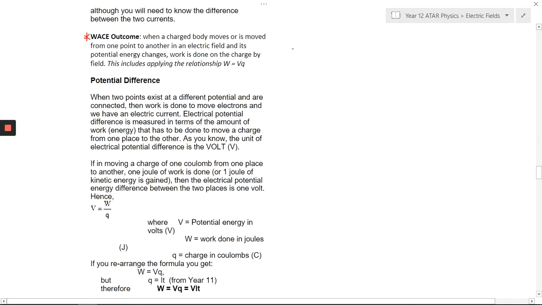So this outcome is that the voltage can be thought of as the work done per unit charge. If you remember from last year, we talked about a difference in potential being similar to a difference in height.